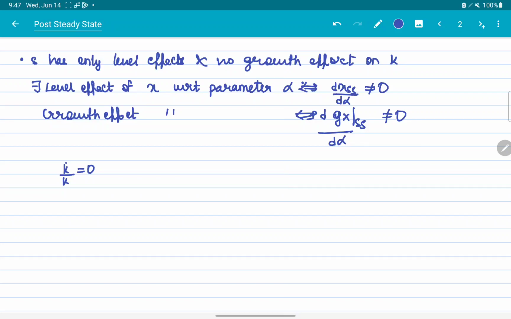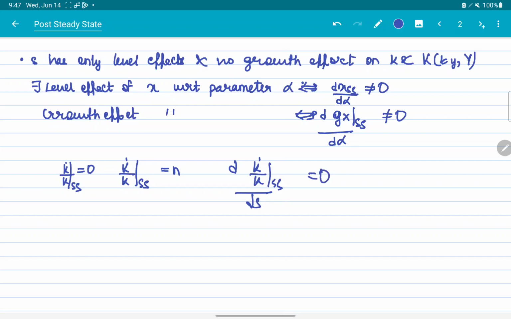Similarly, it's true for capital K, and so y and capital Y as well. Because capital K dot by K, at steady state and beyond, is equal to n. So d of (K dot by K at steady state) by ds is 0. s doesn't change this at all. Aggregate output in the long run will continue to grow at the rate of n.